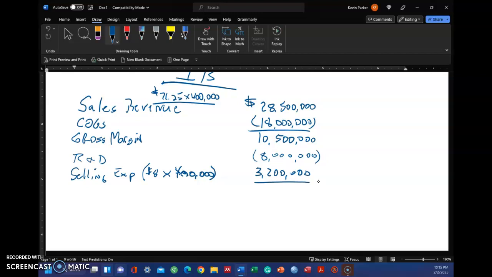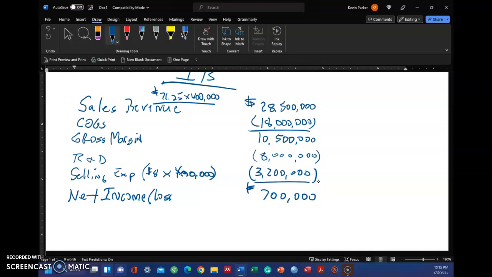And that gives us, we'll have net income in this one. It looks like, no, we're going to have a net loss. We're going to have a loss, like 700 something thousand. Is that right? 10,000 minus 8 million minus 3.2 million. Yes, 700,000.